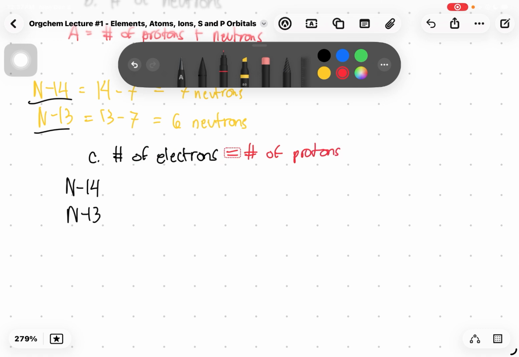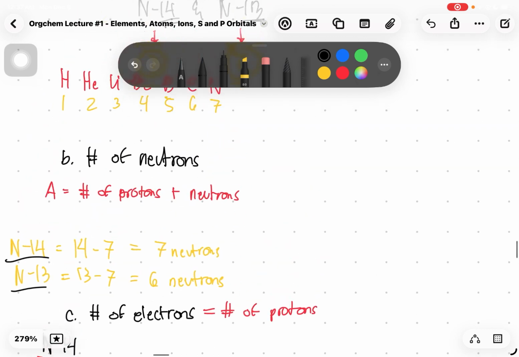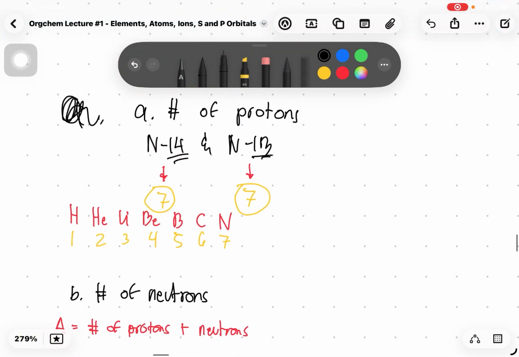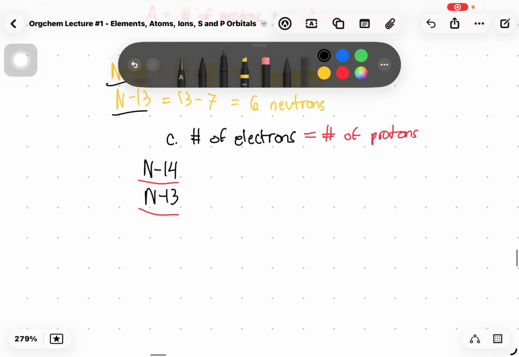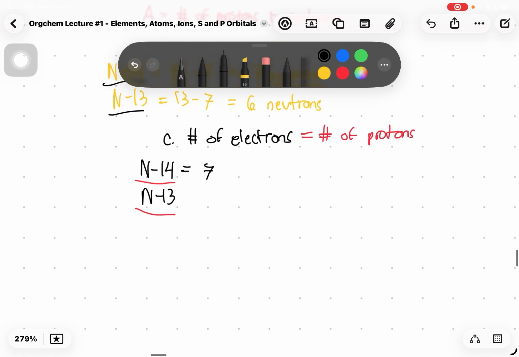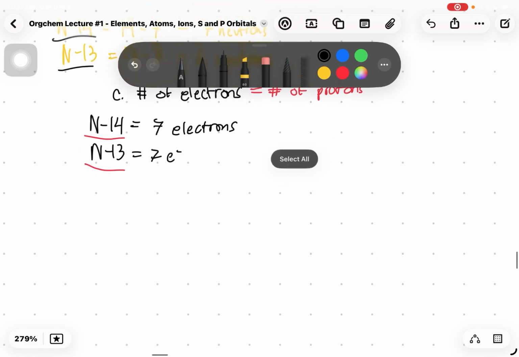And we know that both of them are neutral since there's no charge and they're not ions. So we just refer to our answer from the first question, and that's 7, meaning both of them have 7 electrons. And that's how you get the number of electrons.